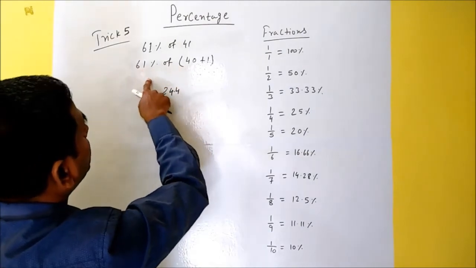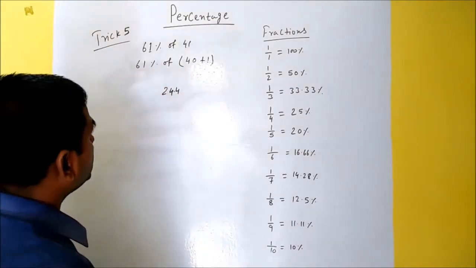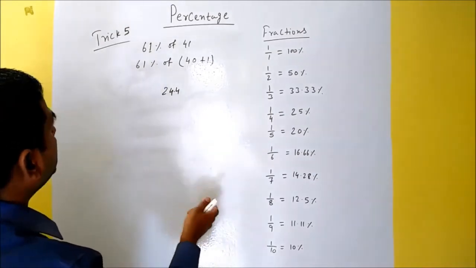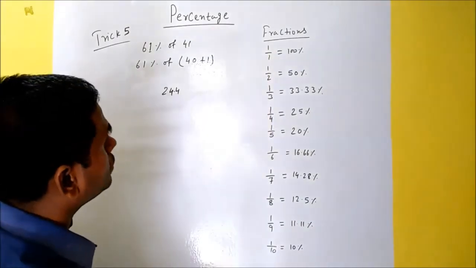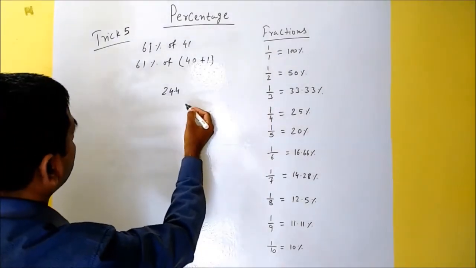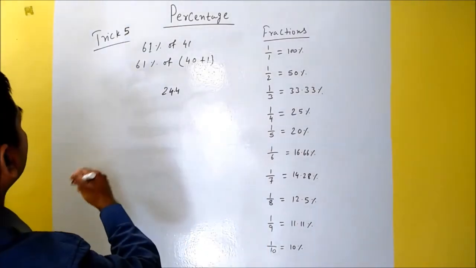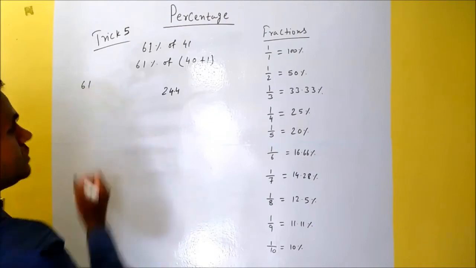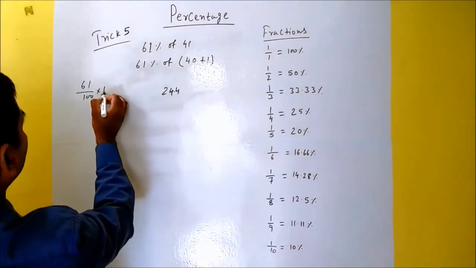Now 61% of 1. You can do a rough calculation, or using this also, it is 100%, right? So the answer is 61 itself, but we will have to put a decimal after two digits. For example, I will solve it here. 61%, 6100 into 1.